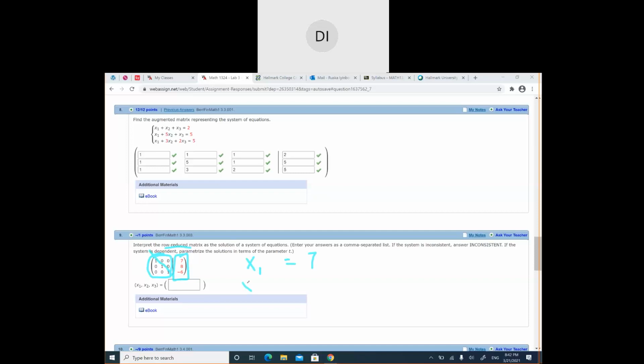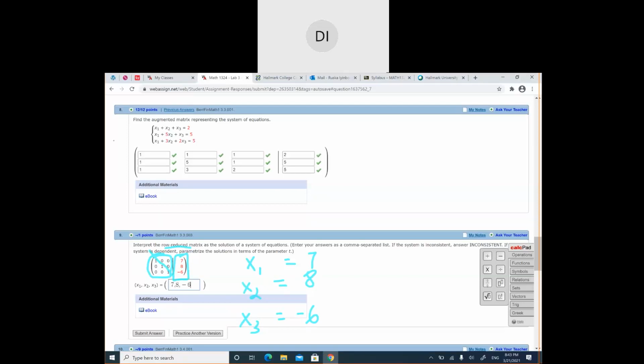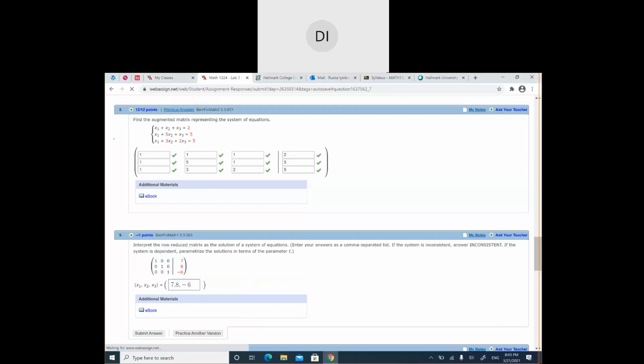The second one is going to be x2 equals 8, and x3 equals -6. And that's your solution. So the solution, you're just going to write it like that. You're going to put 7, 8, -6. That's it. You just transfer the solution from the matrix. And that's the answer.